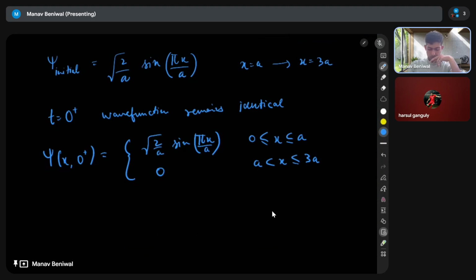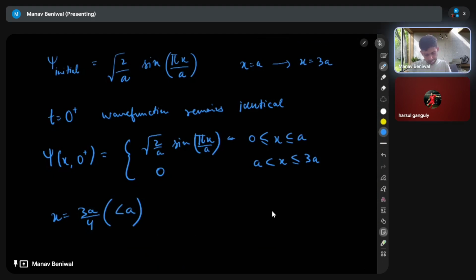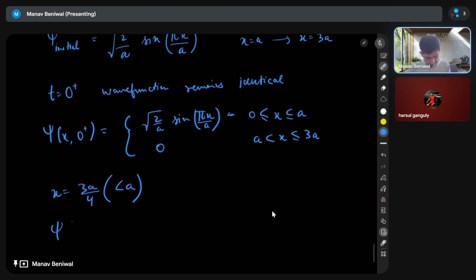So now x equals 3a by 4, that's what we are supposed to calculate at, right? Now this is less than a, so what will be the wave function? Psi at 3a by 4 will give us under root 2 by a, and then sine of 3 pi by 4.